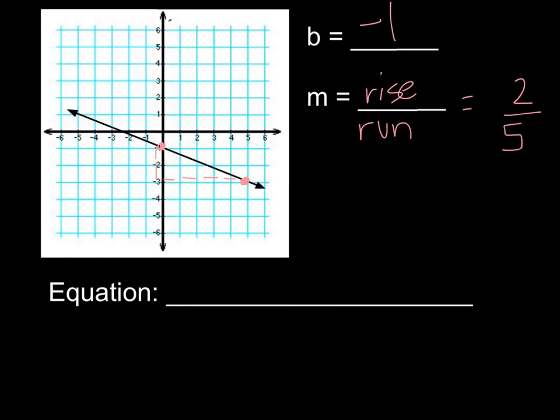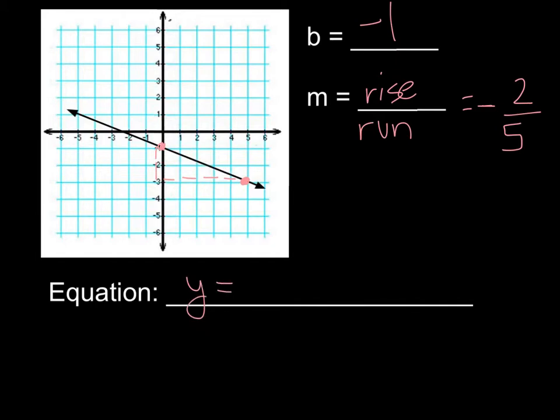The other thing we have to decide is if this is a positive or a negative slope. This slope is going downhill as we go left to right. So that is a negative slope. Our slope is -2/5.